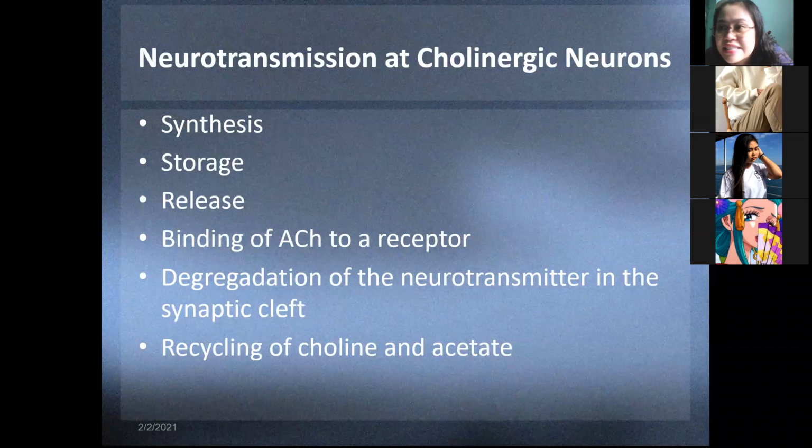We will talk about the synthesis of the acetylcholine, and then how do we store them, how do we release them, and where can we find their receptors, how do they bind to their receptors, and then afterwards, how do we get rid of acetylcholine in the body? How do we destroy acetylcholine? And the last one is actually recycling of the choline and the acetate. So kaning choline and acetate class mauni atong mga raw materials or mga precursors in making the acetylcholine.